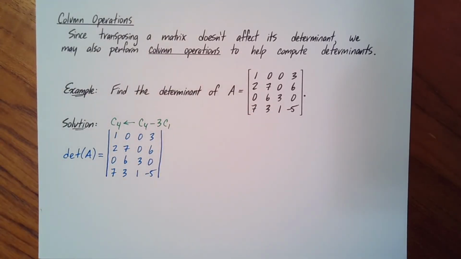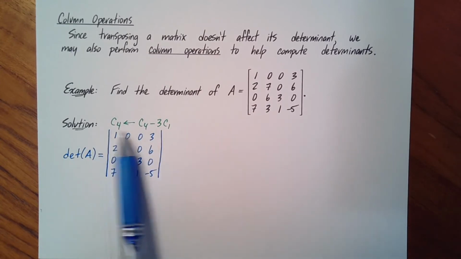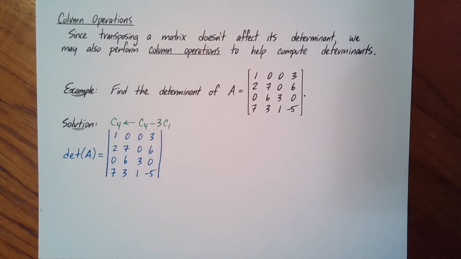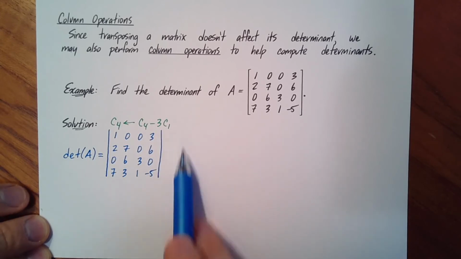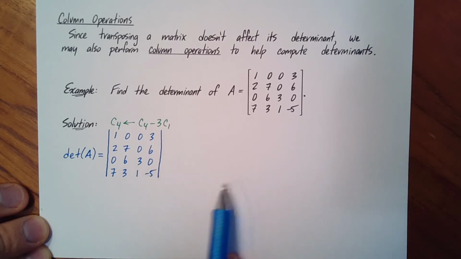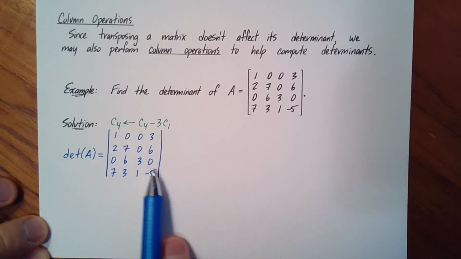So how can we get away with this? What is it that allows us to perform column operations? Well, think about it this way. We're allowed to take the transpose, and that's not going to change the determinant. So if I wanted to, I could write equals, draw 2 more vertical lines, and fill in exactly the transpose of this matrix.